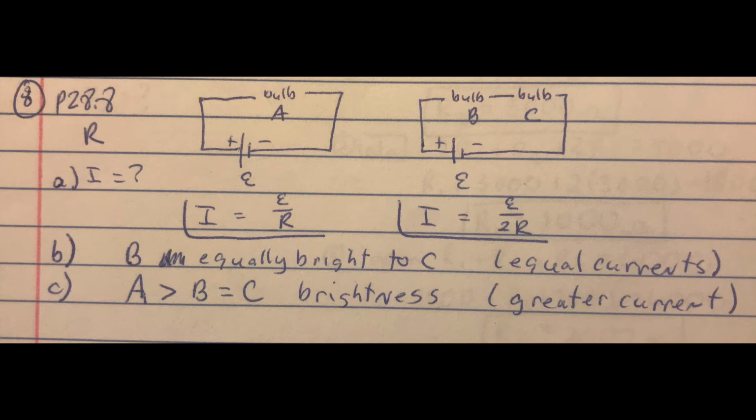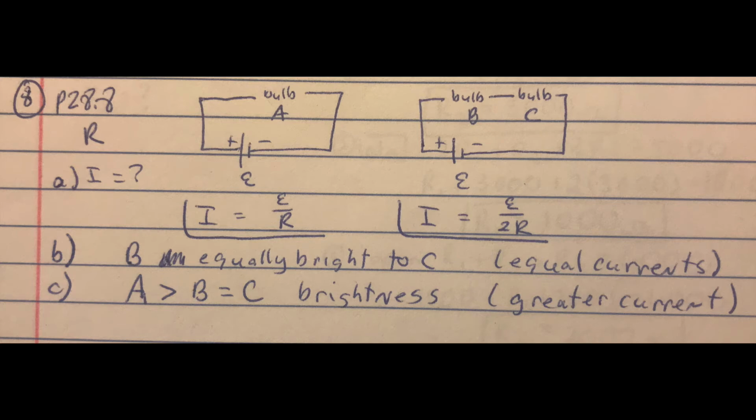Based on that, we can reason to the brightness. The brightness is caused by the current that is flowing. You can't get a brightness only from a voltage. You get a brightness once you use that voltage to cause charges to flow, which means brightness is an indication of current. So the brightness directly follows the current values from above.